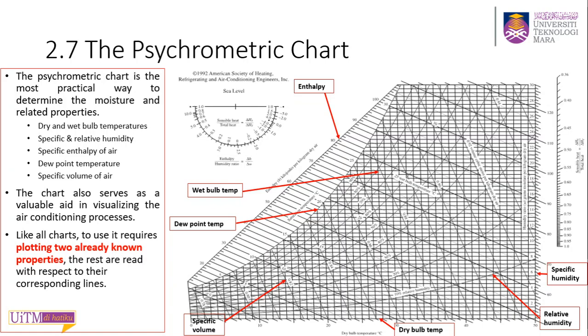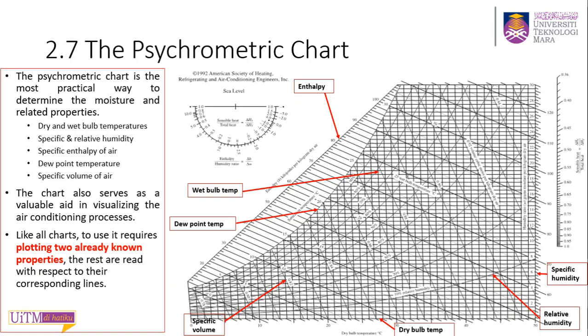The second use for the psychrometric chart is to visualize, to give a picture, when there is an air conditioning process. When they want to design an air conditioning system, if the system involves a process, for example a heating process, we can plot the chart and look at the movement, the difference from initial to final, what will happen to the properties of air after undergoing the process.